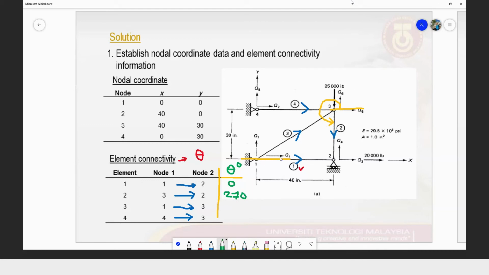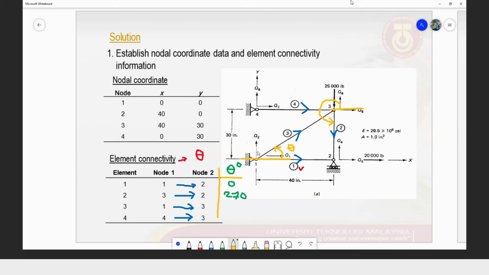Okay. Next, we look at element number 3, which is connected from 1 to 3. So we have this reference axis. Then we project from the reference axis until we meet this element. In this case, we have to calculate a bit from trigonometry.